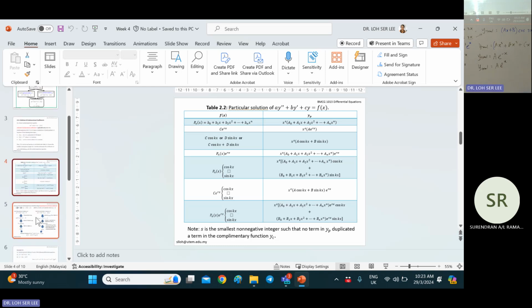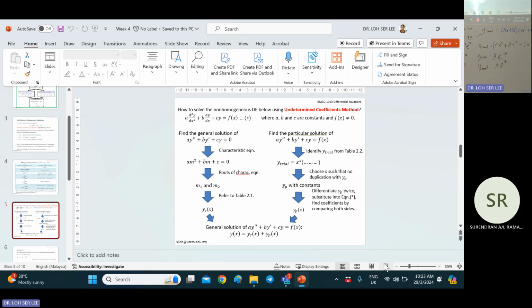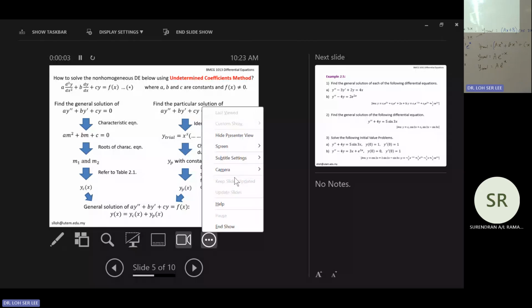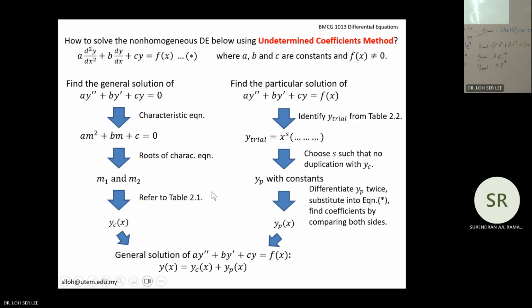Okay, I will move to how to solve using the undetermined coefficients method. First, you are given ay double prime plus by prime plus cy equals a non-zero function.